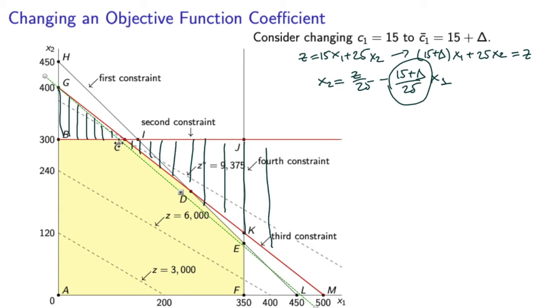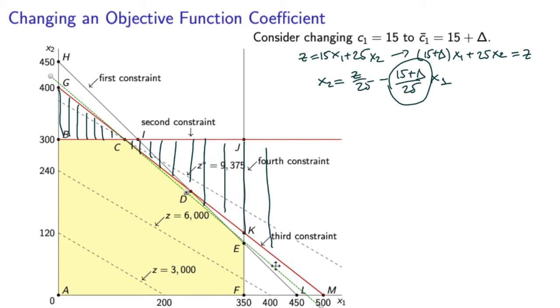So here we can see that now when the slope exceeds negative 4/5 in absolute value, so this line is steeper than the third constraint, then we can see that C is no longer optimal because there is some space for us to still move within the feasible region.